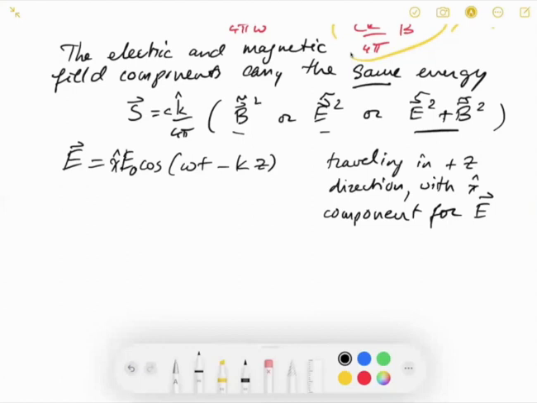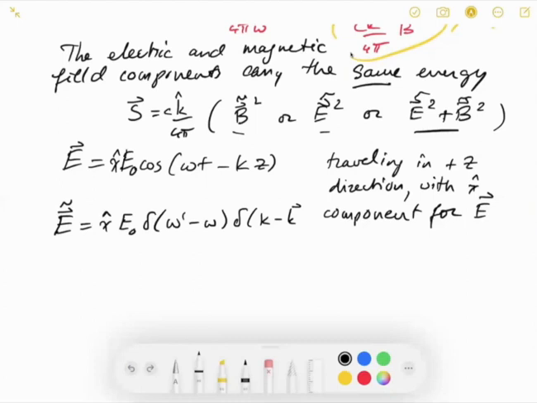Incidentally, if you want to write this in Fourier components, it would become, in Fourier notation, x hat E naught, and then there will be a delta of omega prime minus omega, and then a delta of k minus k prime.